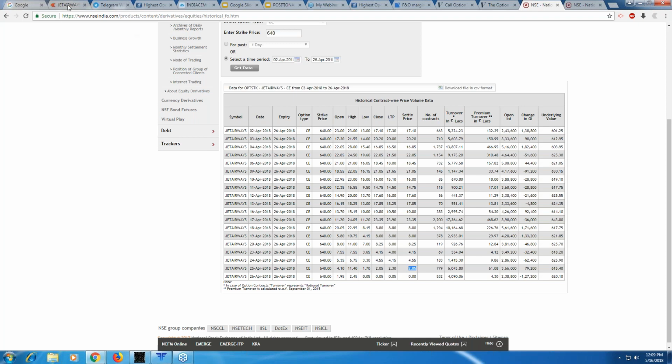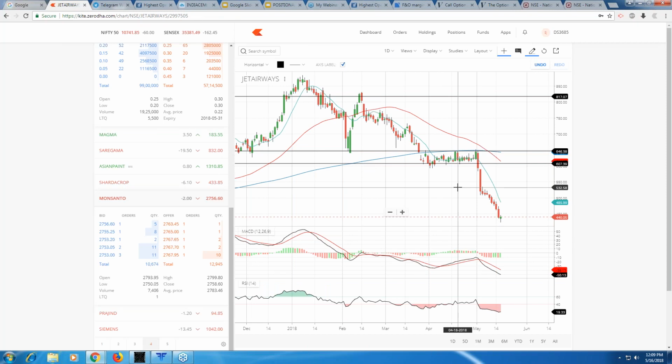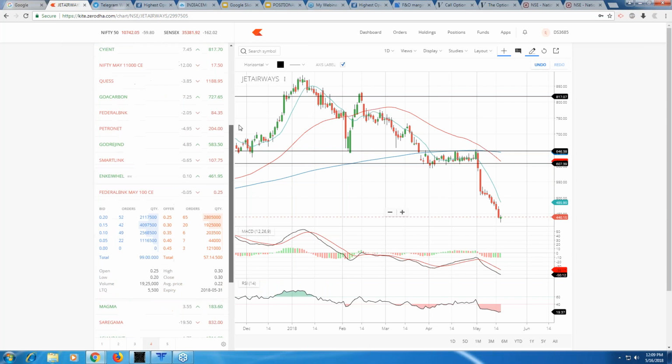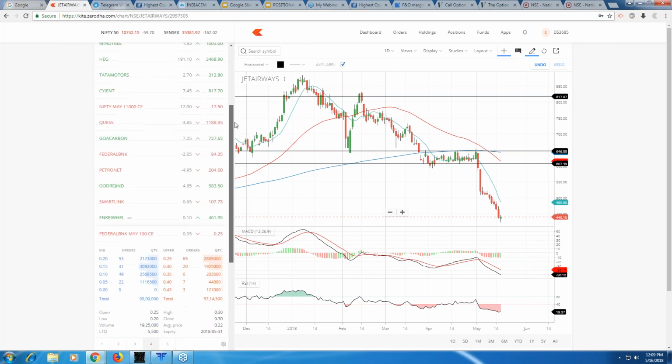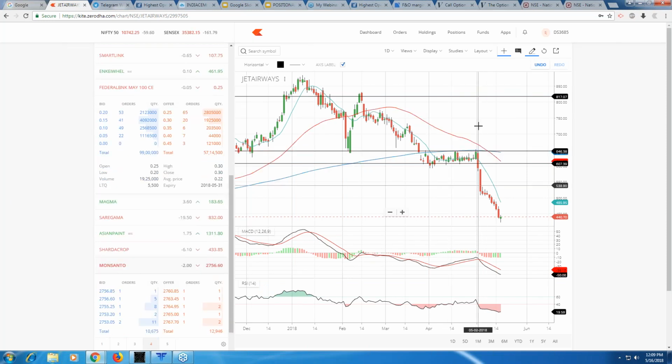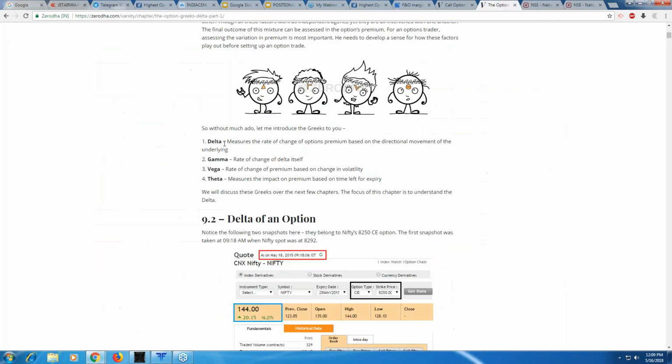So the people who have lots of money, like FIIs and DIIs, actually work out and figure out what could be the range of the stock, right? And they eat up the premium. The delta is not going to work. Delta means there is no directional movement.